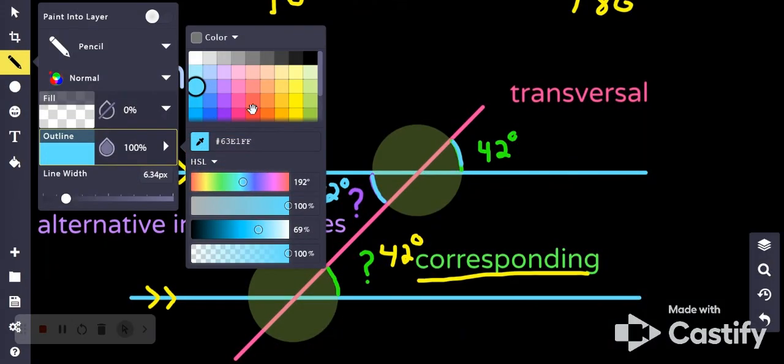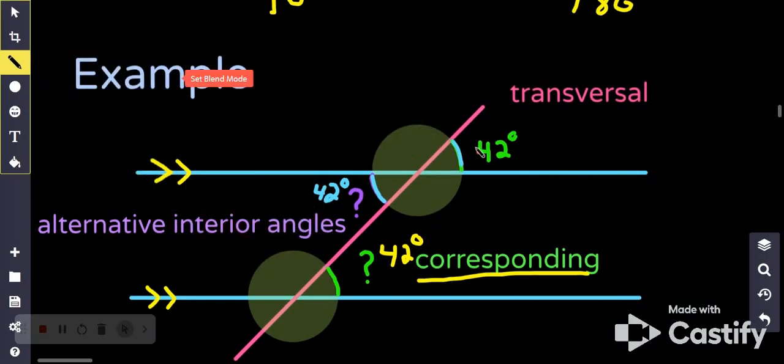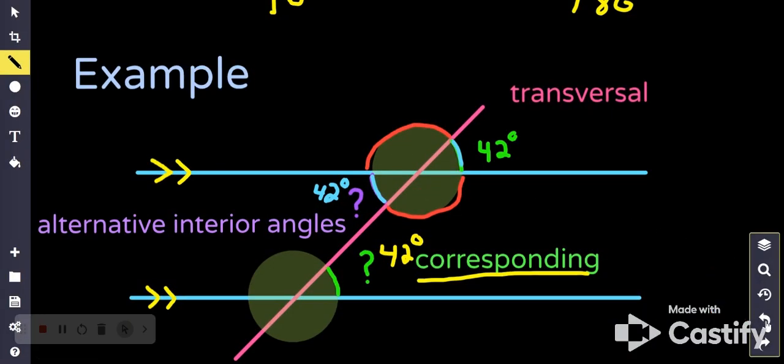But then we want to continue. We say, okay, if those are both 42, what must this be? And there's two ways to look at it. You could think, well, these two angles added together must bring us up to 360. Or you could just cut the problem in half and look at this piece and say, okay, this must add up with 42 to 180. And so you'd get 138.